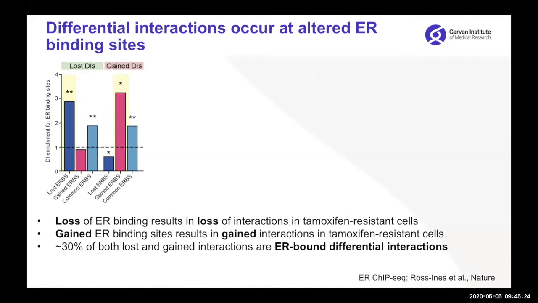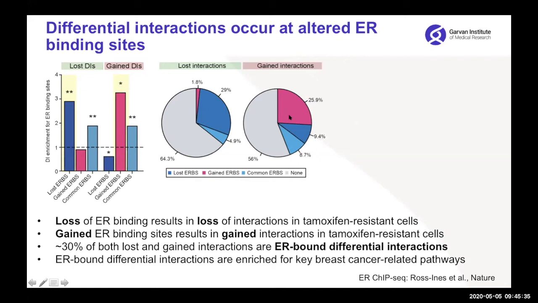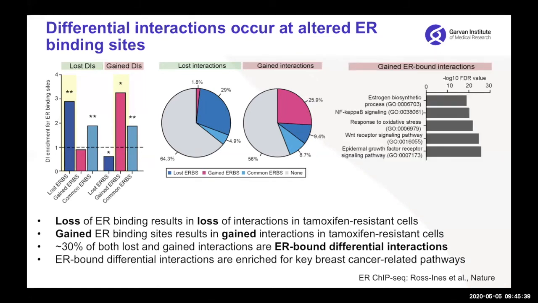Actually, when we looked at the total overlap, we saw that around 30% of both lost and gained interactions were actually ER-bound differential interactions. And when we looked at the gene ontology terms enriched at these key ER-bound differential interactions, we saw lots of breast cancer related pathways that have been previously associated with endocrine resistance.